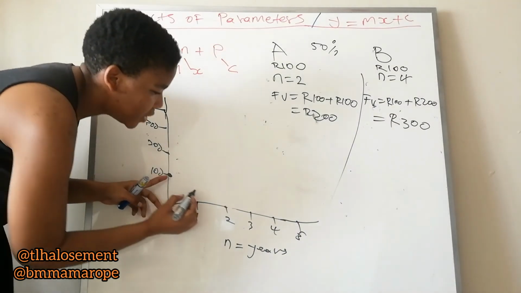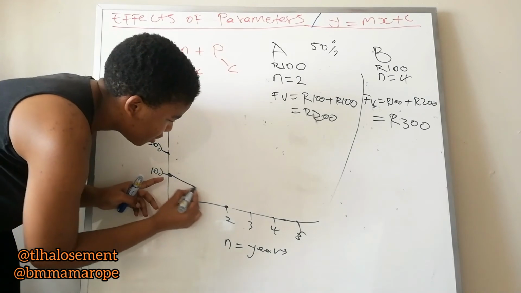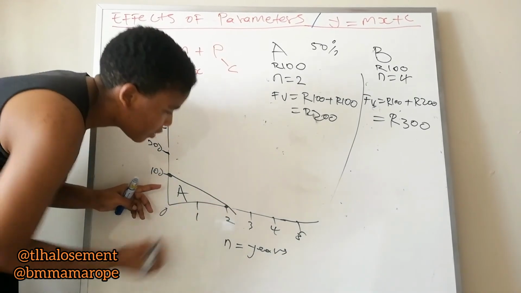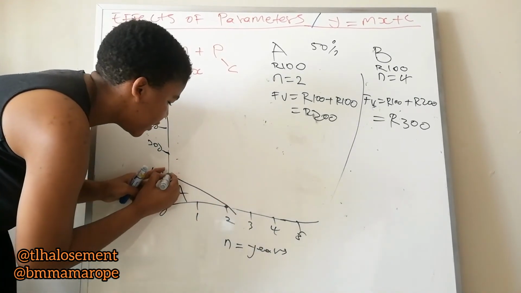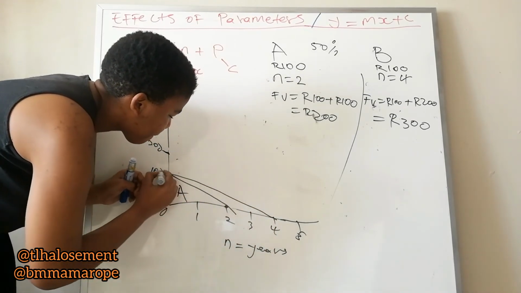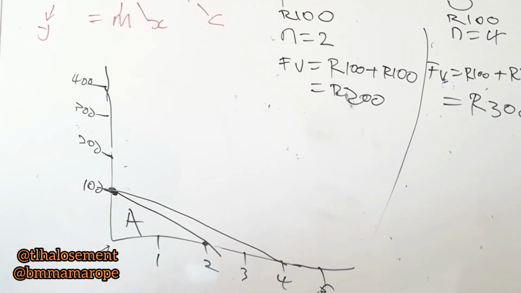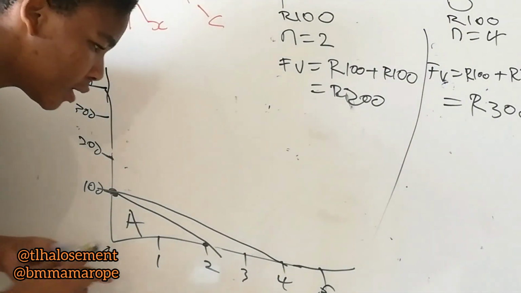Different years, which means this person is at 2 years, person A. Person B is at 4 years, same amount. 4 years. Let me zoom in. 4 years. This is person B.